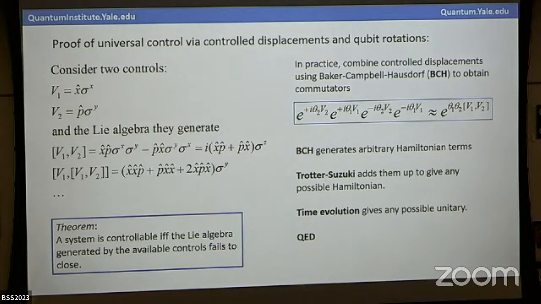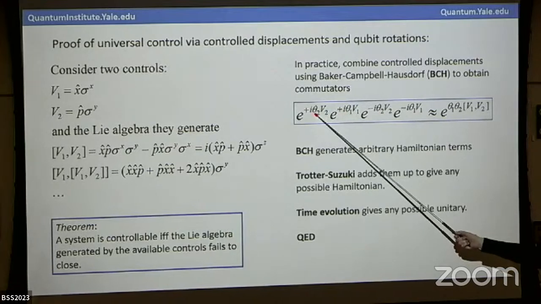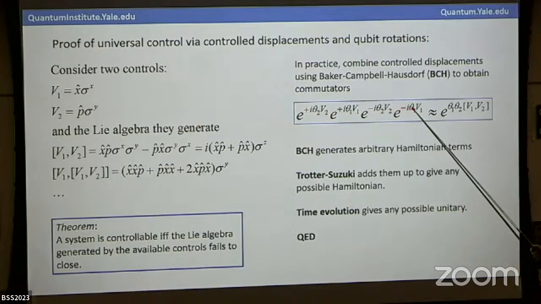And how do you make commutators? Well, you use Baker-Campbell-Hausdorff. You do a little controlled momentum boost, controlled displacement, then the opposite momentum boost and the opposite displacement. If they all commuted, you'd get 1. But they don't commute, and to leading order, you get the exponential of the commutator of these two.